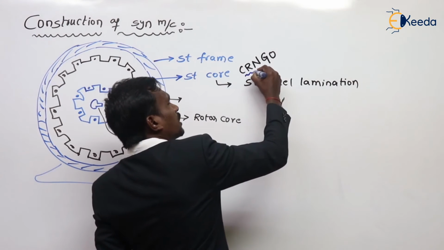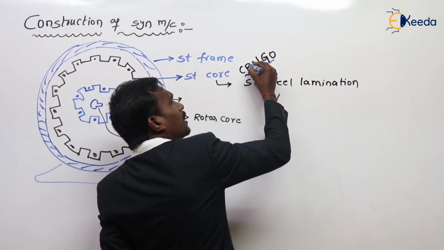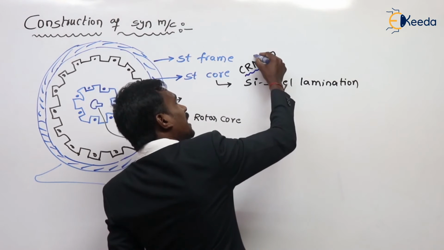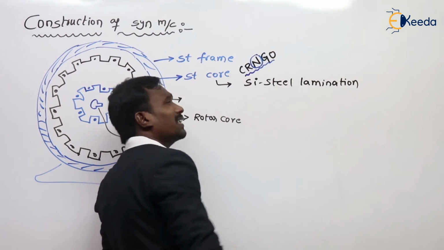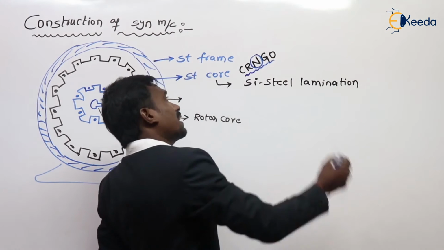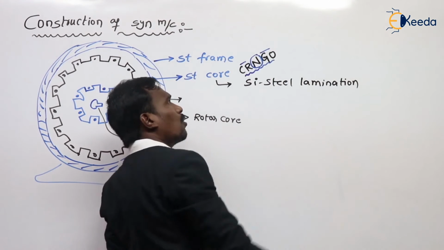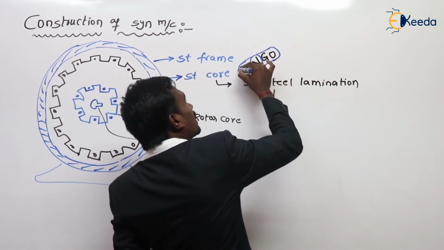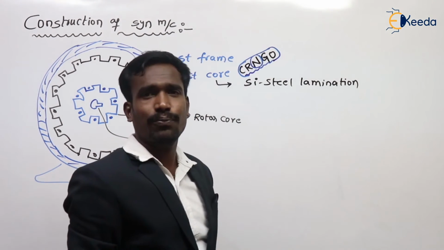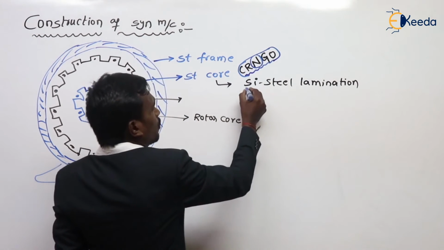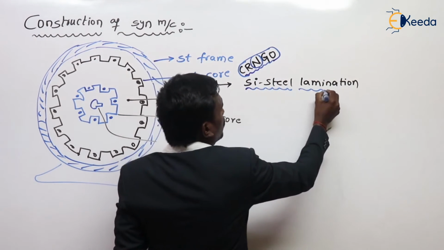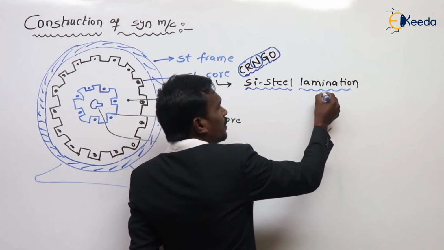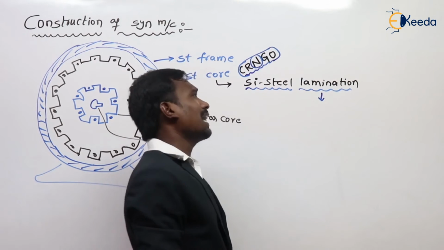What is CRNGO? Cold rolled, non-grain oriented. There is no need for grain orientation for machines other than transformers. For a transformer, we should have cold rolled grain oriented steel. Other than transformers, non-grain orientation is enough. So the stator core is made up of silicon steel laminations. Sir, why are we going for laminations?